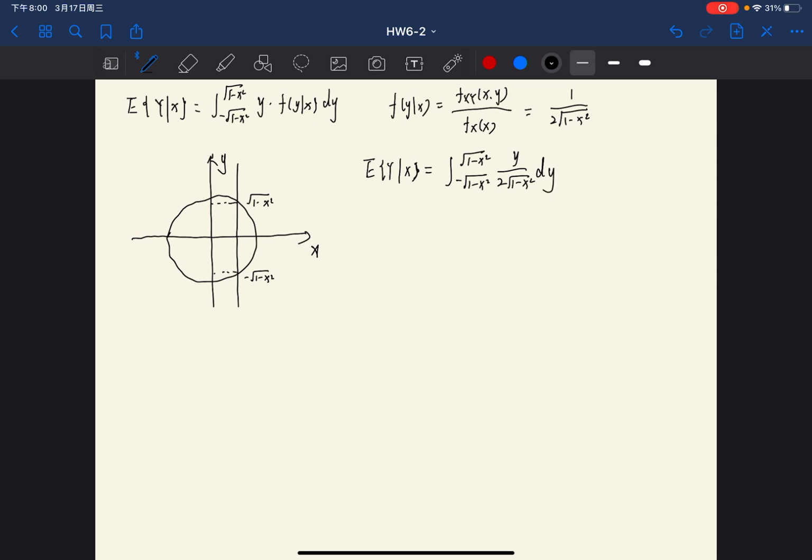And it is obvious that the function y divided by 2 multiplied by the square root of 1 minus x to the power of 2 is an odd function with respect to y.